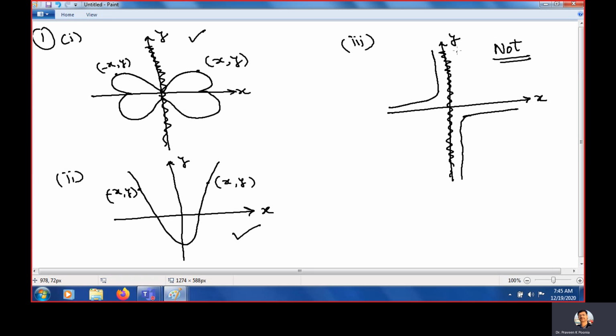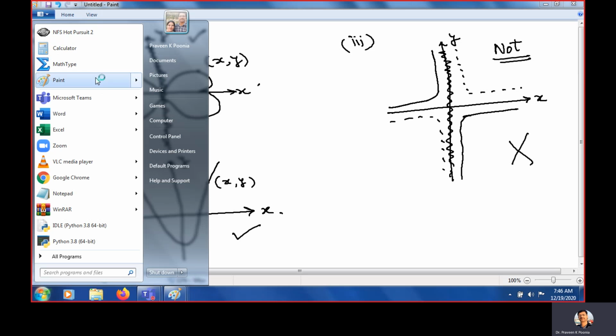Because here there is a graph, here there is no graph. Here there is a graph, but here there is no graph. So y-axis symmetry is not possible in this case. So this is symmetrical, this is symmetrical, this is not symmetrical. So cross it. Okay, so this is the first type of question.